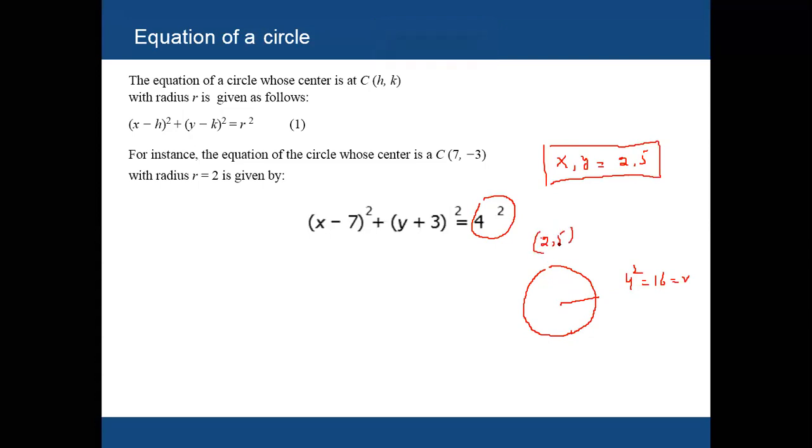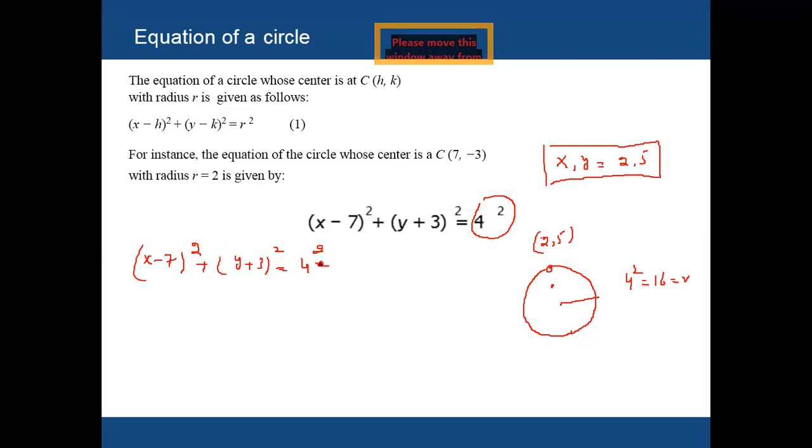So how to prove that these points lie outside, inside, or on the circumference of a circle? So we have this equation: x minus 7 whole square plus y plus 3 whole square equal to 4 square.